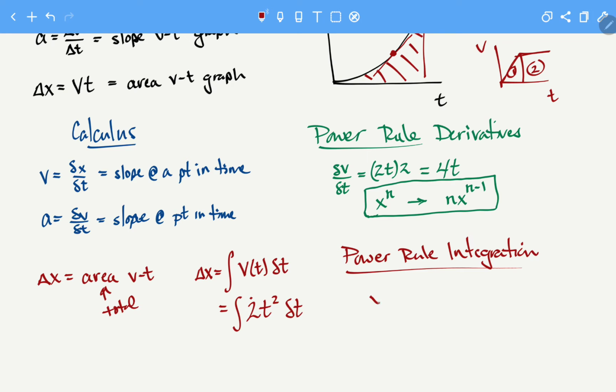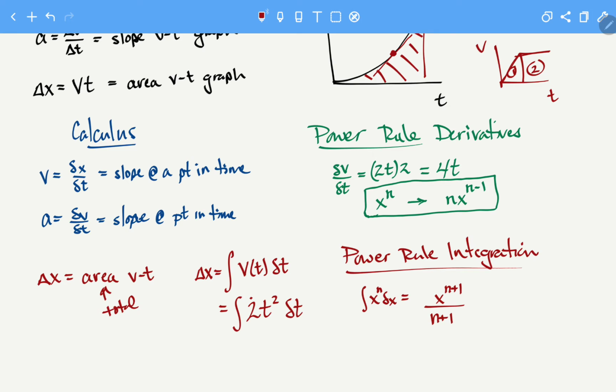The integral of x to the n dx is equal to x to the n plus 1 divided by n plus 1.